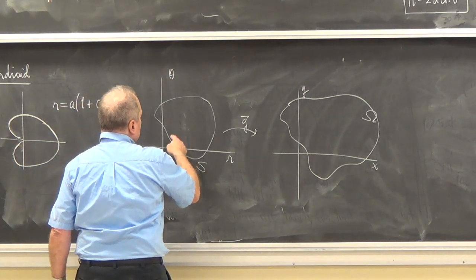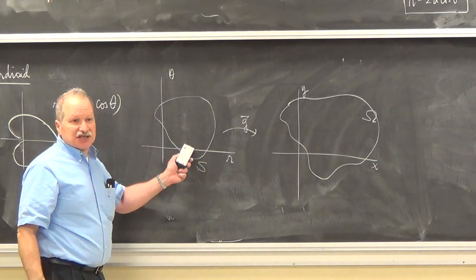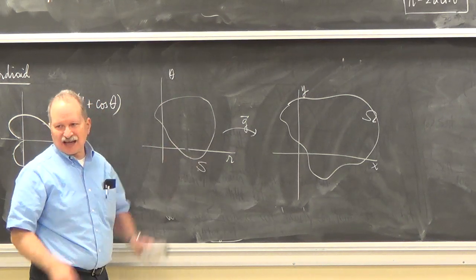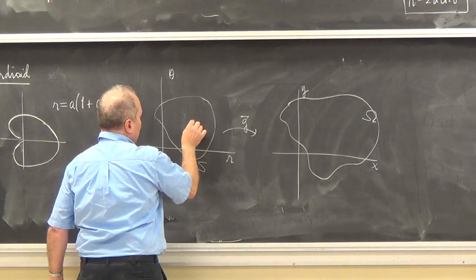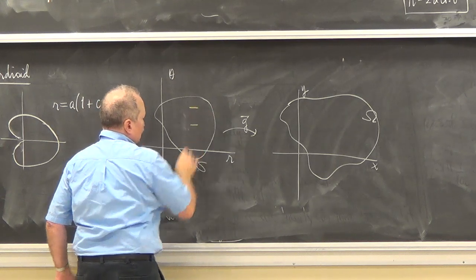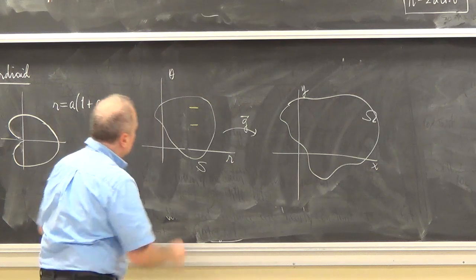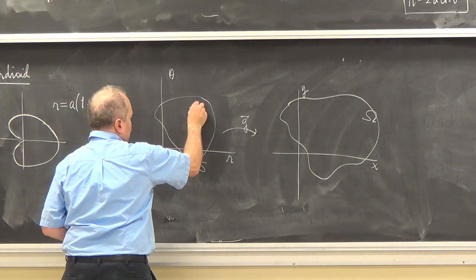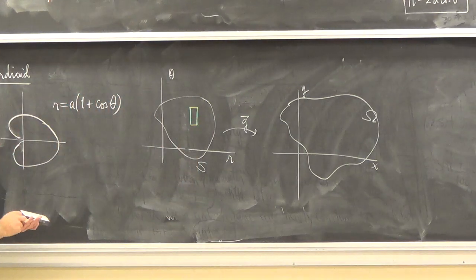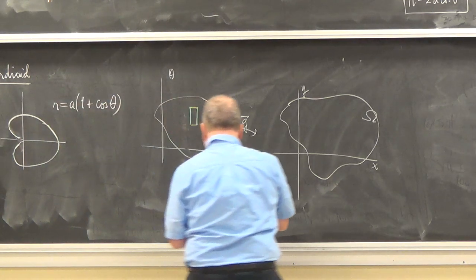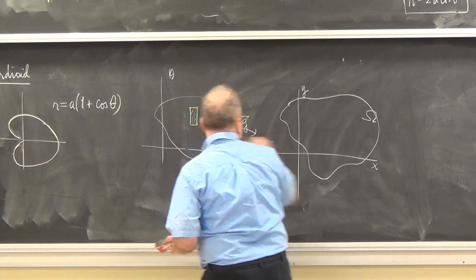So I'm going to imagine myself partitioning S. Remember, you could put S inside a rectangle and you would do the standard thing. I want to take a little rectangle, but I'm going to color code it, as you're going to see. What does that correspond to over in this picture?